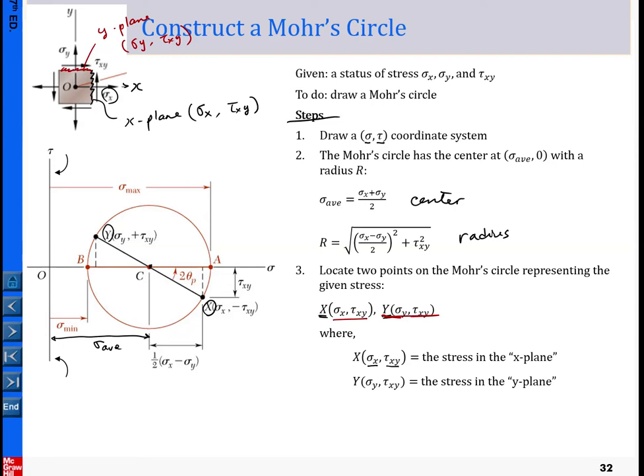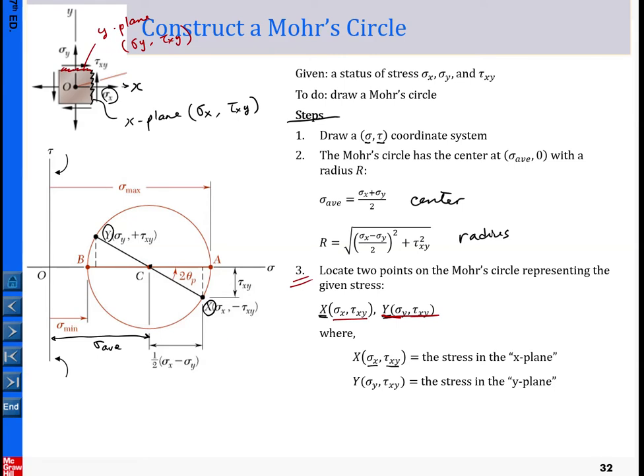So that is the procedure of constructing the Mohr circle, and it should be very easy because it involves only pure, easy geometry. Then you may ask why we bother with step 3, why we want to determine the particular x and y points.